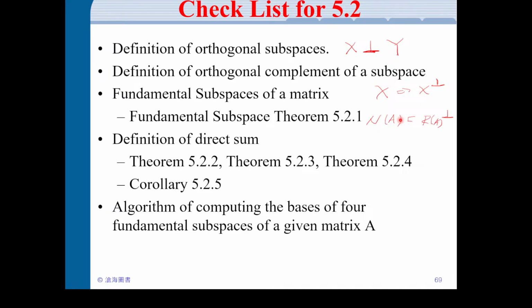Okay, then we have the direct sum. So we have W equal to U direct sum V. And from this notation, we have a whole bunch of theorems. I guess 5.2.2 actually doesn't use the direct sum.